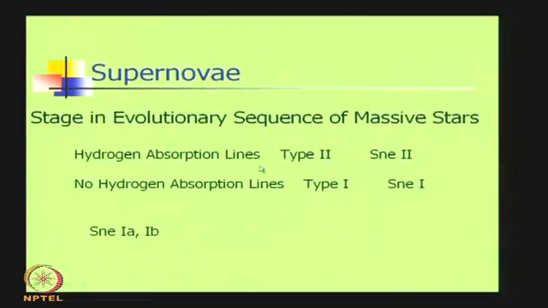The type 2 supernova have hydrogen absorption lines, they are called SNe 2, and supernova where you do not see any hydrogen absorption lines are classified as type 1. So, they are referred to as SNe 1. Type 1 again is divided into 2, there is 1A and 1B.